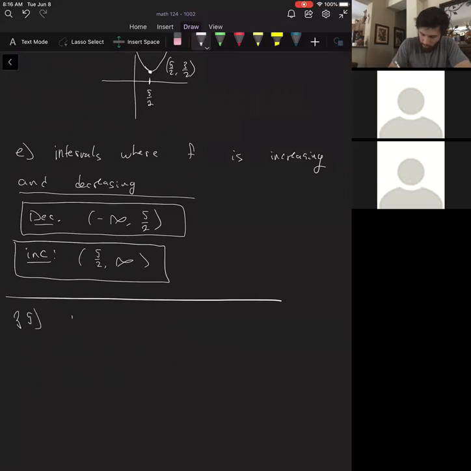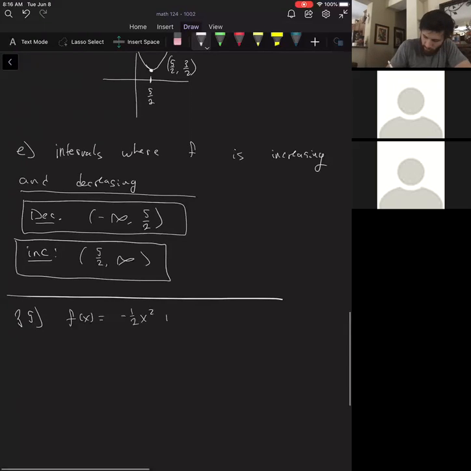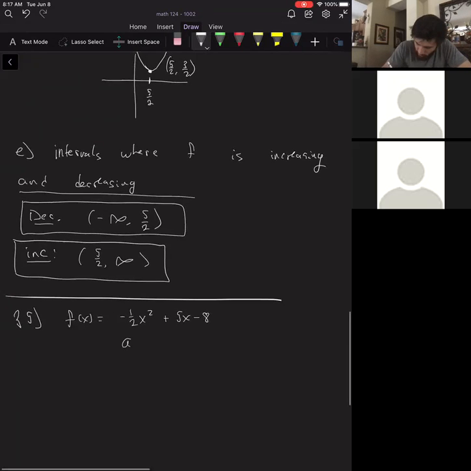So we want to do the same thing, but we have f of x is equal to -1/2 x squared plus 5x minus 8. Okay, so again, here's our ax squared plus bx plus c.